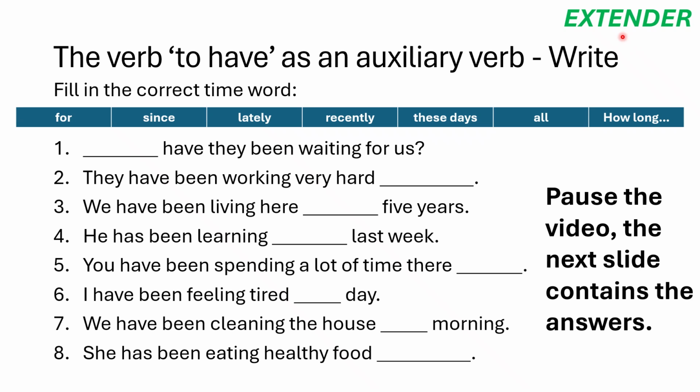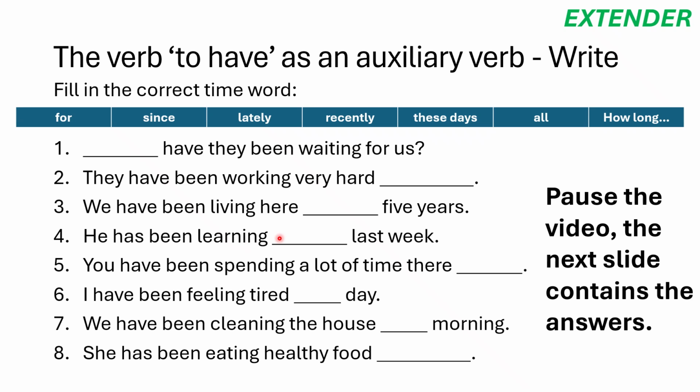Here is an extender for anybody who would like a challenge. Fill in the correct time word. 1. Have they been waiting for us? 2. They have been working very hard. 3. We have been living here 5 years. 4.